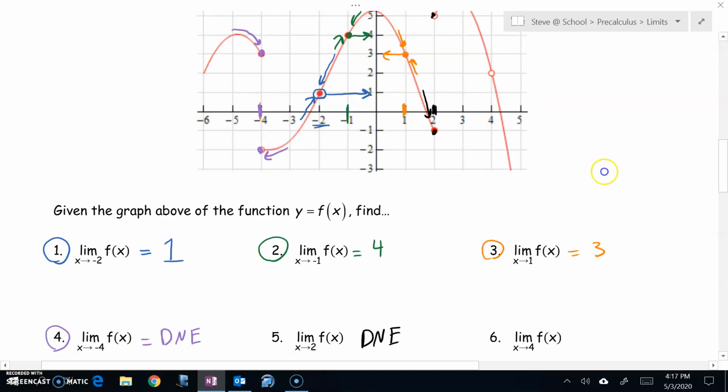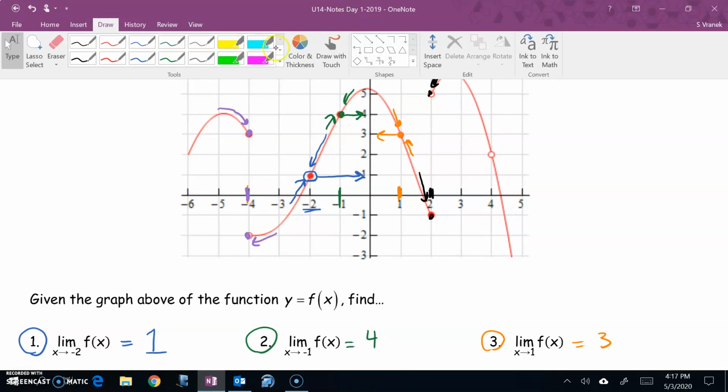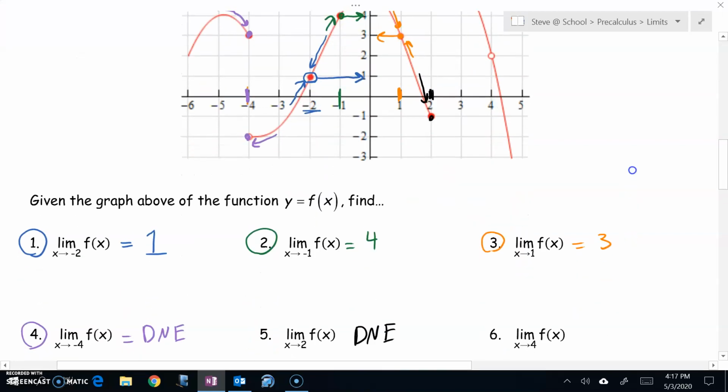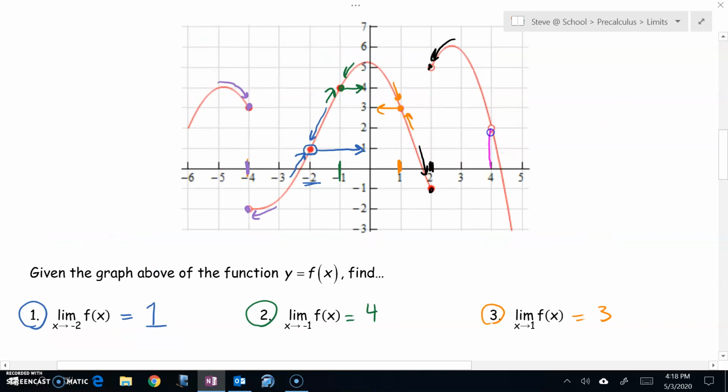Okay, let's do 4. Now this one you might be confused about. It's very similar to the first few. So I'll use this color for that one. Here's 4. So notice how 4, this is kind of where you're at. Even though it's an open circle, that's okay for these, because we don't actually care about the actual value. We care about what it's approaching.